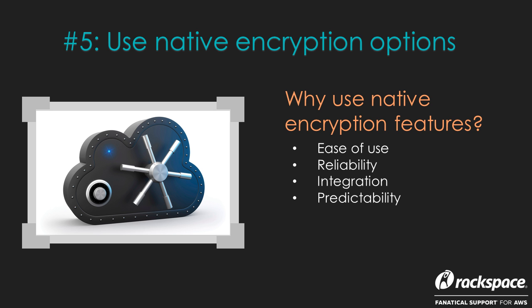When you start to come around the question of using native encryption features, you then start to talk about ease of use versus appetite for risk, apologies. The appetite for risk refers to the decision to trust your cloud provider, in this instance AWS.